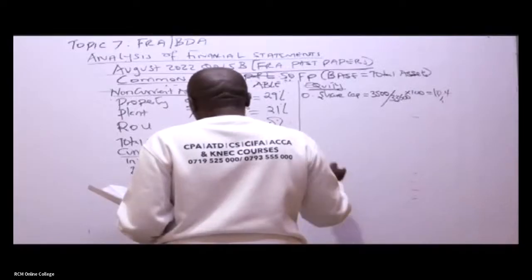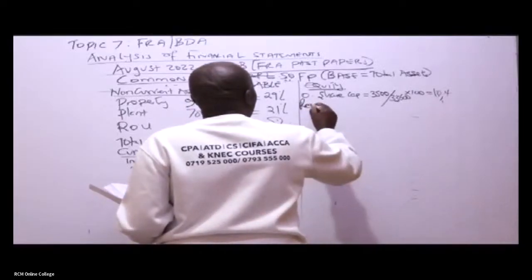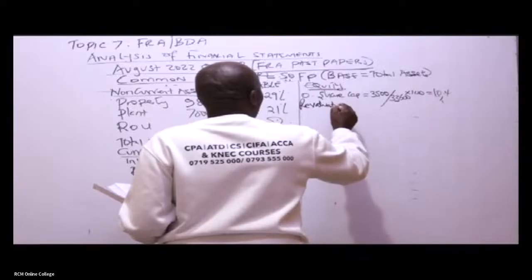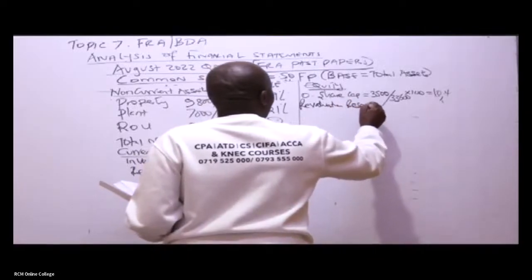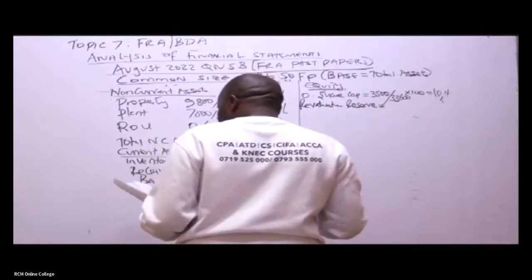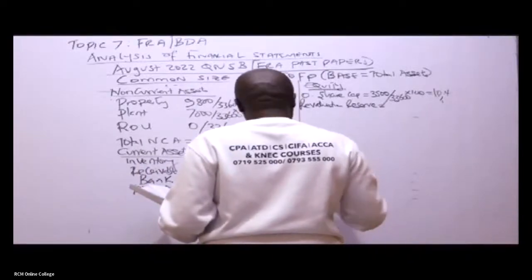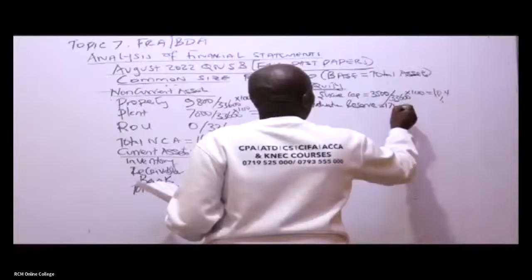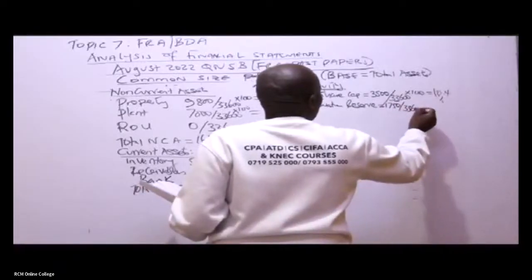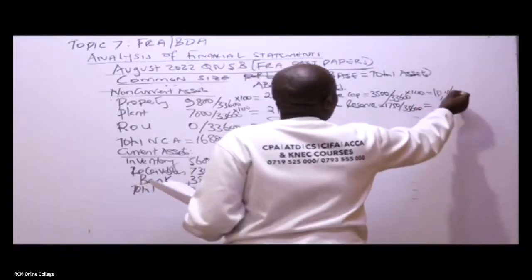Then we have a revaluation reserve. What am I able to see there, ladies and gentlemen? 1750 divided by 33,600. So what are we able to get here?